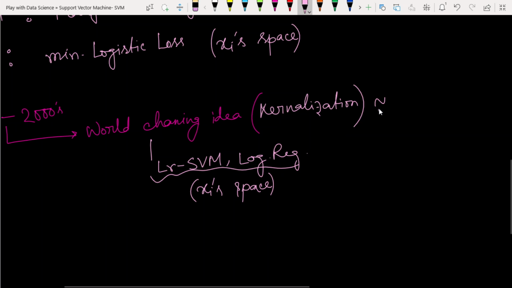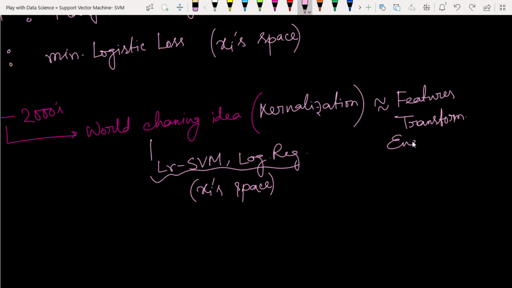This kernel trick is similar to the feature transformation techniques in logistic regression.